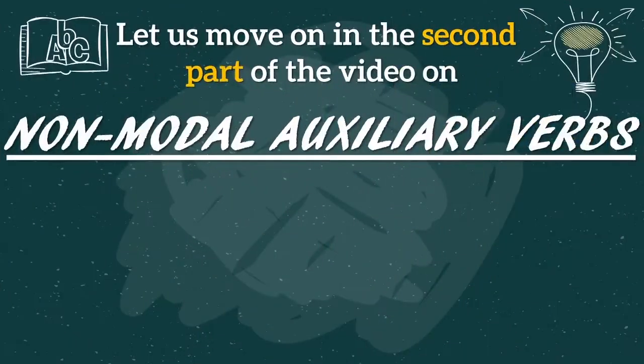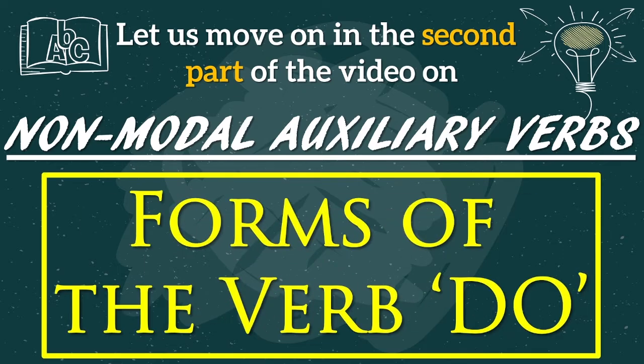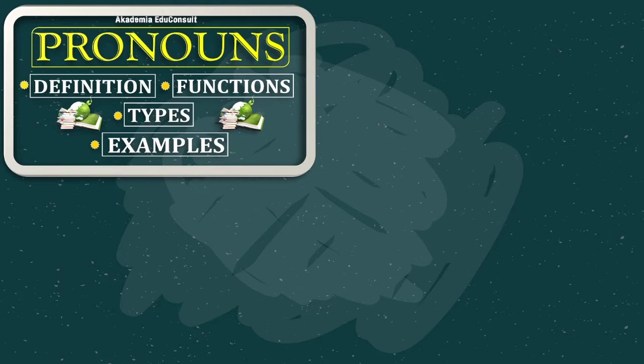Let us move on to the second part of the video on non-modal auxiliary verbs, where we have been looking at the various forms of the verb do. Remember our discussion on the types of pronouns in English, where we talked about the personal pronouns.